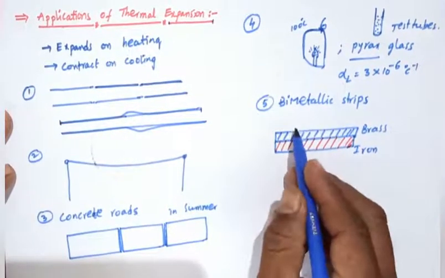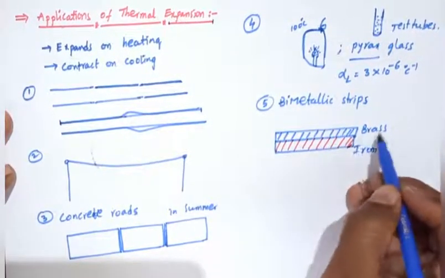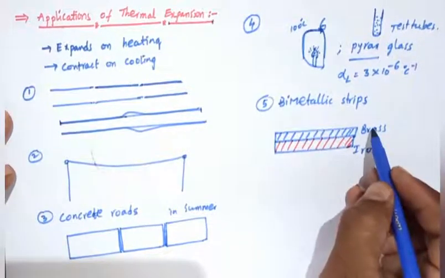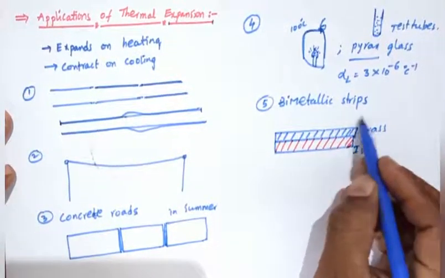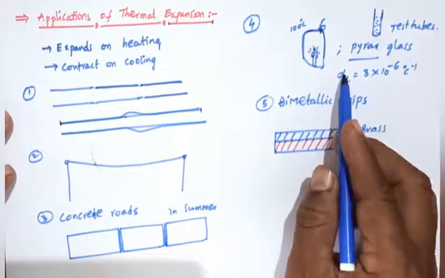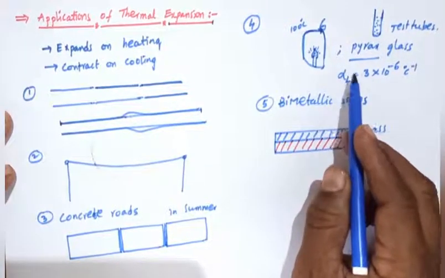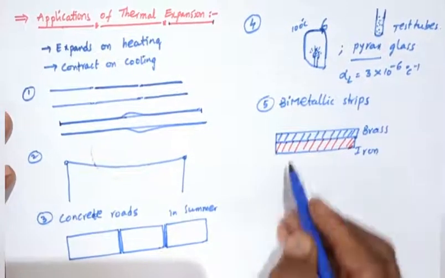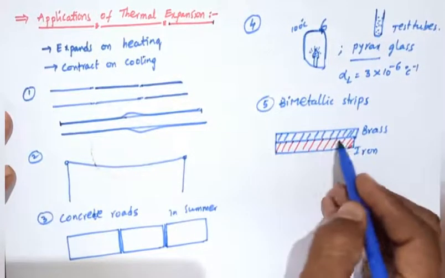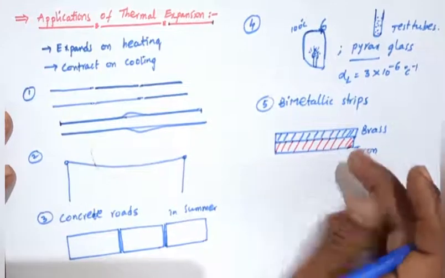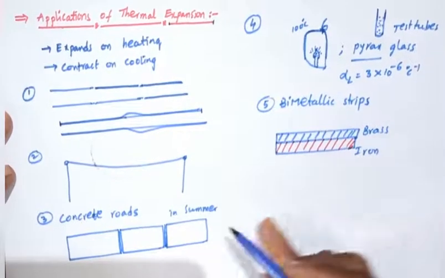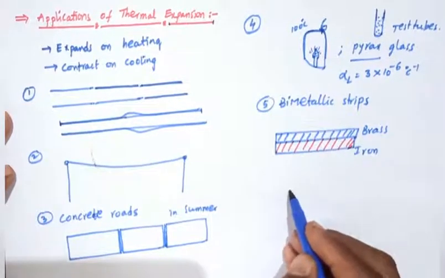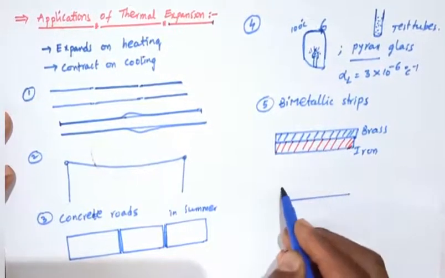So when it is heated, what happens? The brass has the higher coefficient of linear expansion, so it quickly bends into a convex shape. For example, this is the iron strip.